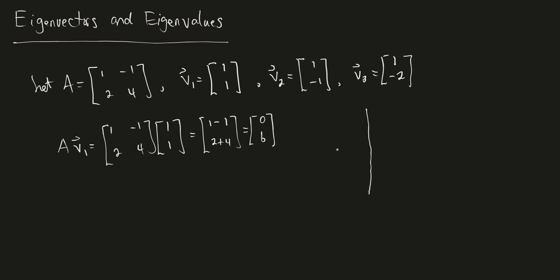So let's see if we can sketch these. 1, 2, 3, 4, 5, 6, and then 1, 2, 3. The vector 1, 1, which you could think of as our initial or input vector, is this vector here.